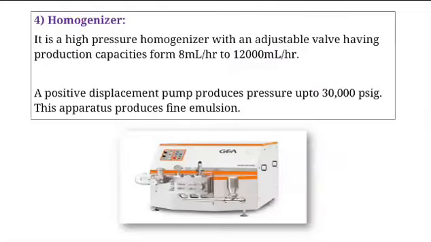Next is the homogenizer. It is a high pressure homogenizer with an adjustable valve having a production capacity from 8 ml per hour to 12,000 ml per hour. A positive displacement pump produces pressure up to 30,000 psi. This apparatus produces fine emulsion.